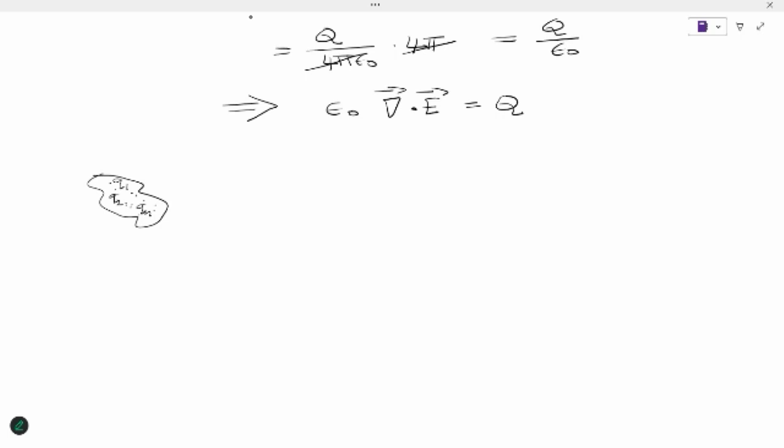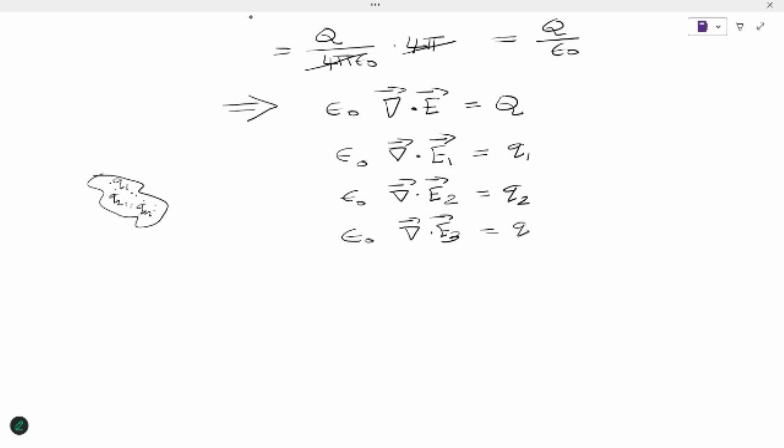For each electric charge, we have this law: epsilon naught divergence of E1, the electric field due to Q1, is Q1; epsilon naught divergence of electric field E2 due to Q2 equals Q2; and so on, epsilon naught divergence of electric field En equals Qn.